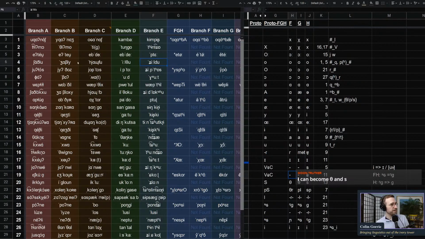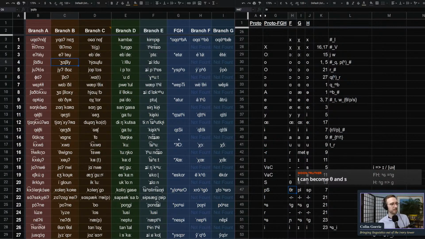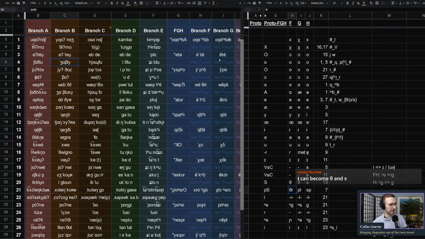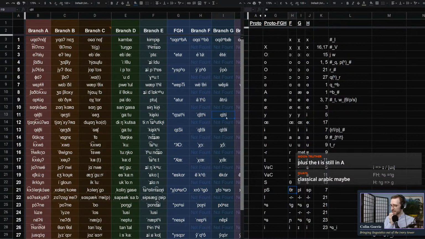If we have the lateral fricative, that would probably work. That's something that can become either hla or th or sa, as Moontruther points out. Yeah, classical Arabic, maybe that's what I'm thinking of. I get these snippets of things that stick into my head, but just the snippet.